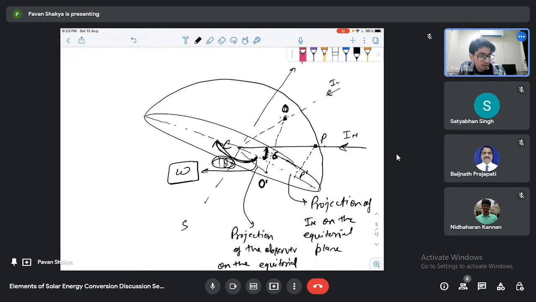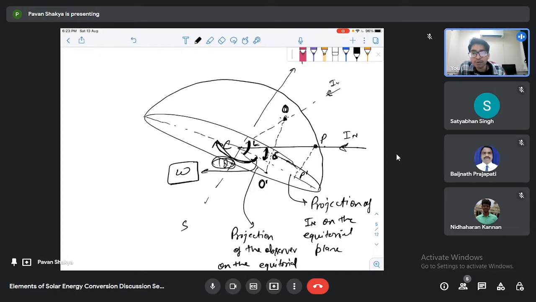Also, if you want to know what the latitude and longitude are, you can easily get it from this figure: this is the angle between the projection of any observer on the equatorial plane. This angle is called the latitude angle.